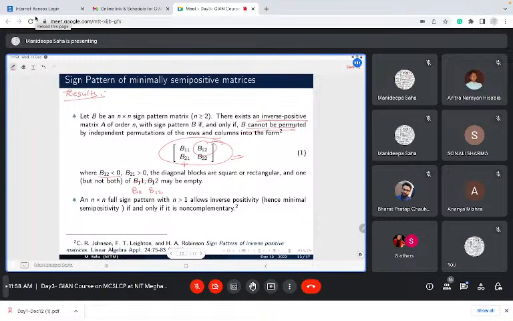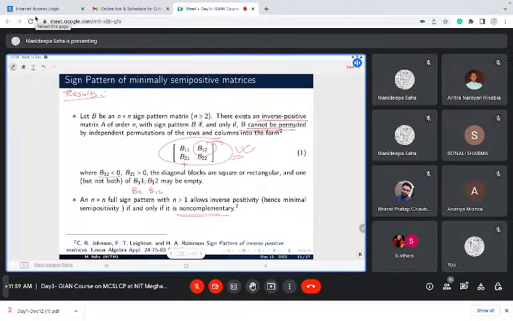If we have a full sign pattern matrix that allows an inverse semi-positive matrix, allows means I should be able to find one minimally semi-positive matrix, and minimal semi-positivity is equivalent to saying A inverse is positive, if and only if the sign pattern is not complementary. This is an example of a complementary sign pattern, so we cannot have such a sign pattern.